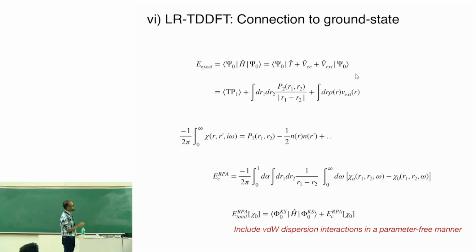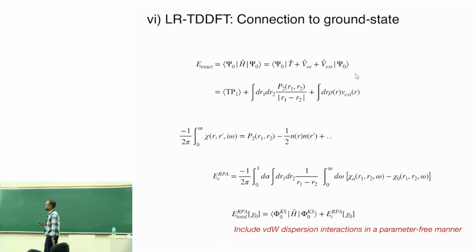So if I were to write the exact energy function, I can write it in terms of the density matrix, trace of that with the kinetic energy operator, and then the pair density, tracing that with the 1/R12 operator, that is your Coulomb operator. And then I have this other term which is just density times the external potential.